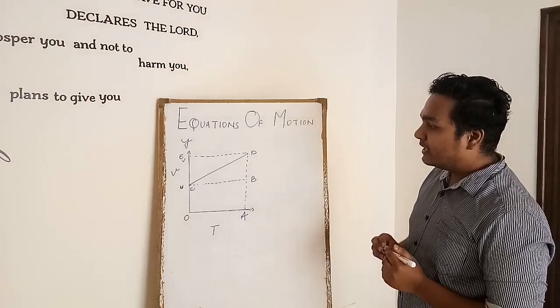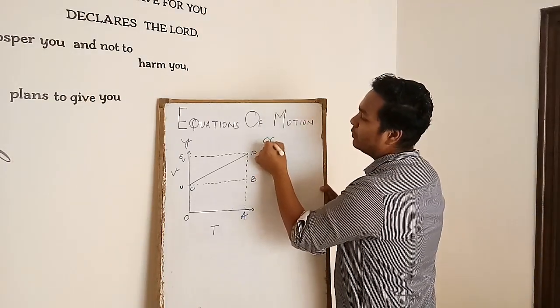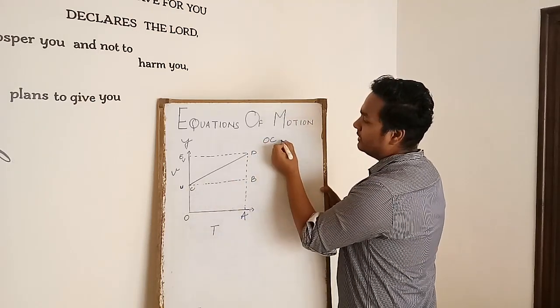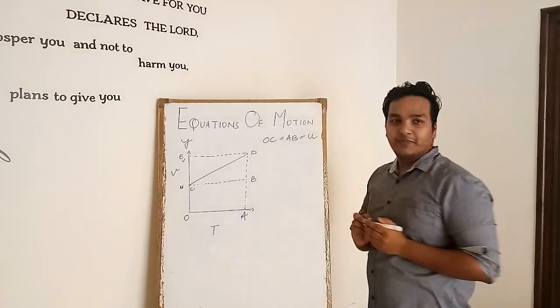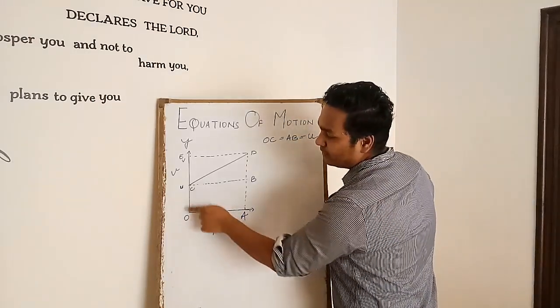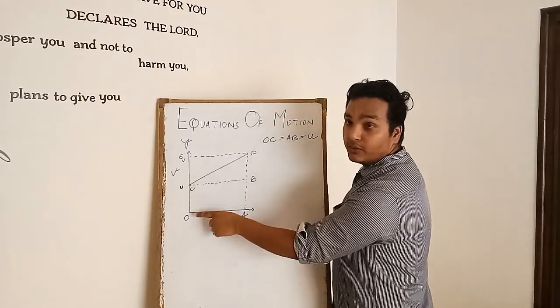Now from the graph we can say that OC is equal to AB is equal to u. OC, this is u, no? This is the initial velocity, so this whole will be u.